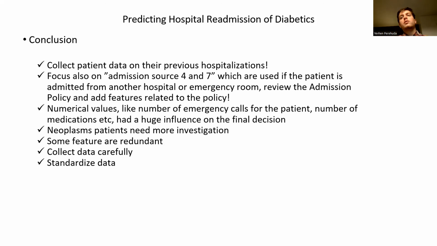We remember that, for example, for the weight column, most values are missing. Probably that was due to some US policy that a doctor is not allowed, for example, to ask the weight of his patient. And the last one is that it's important to standardize data because some models are very sensitive to outliers and different scales.